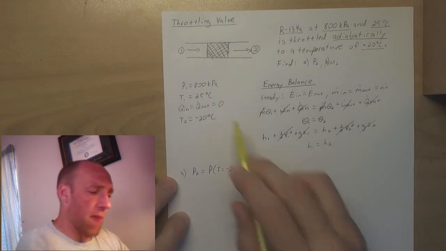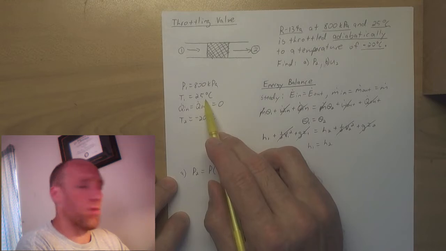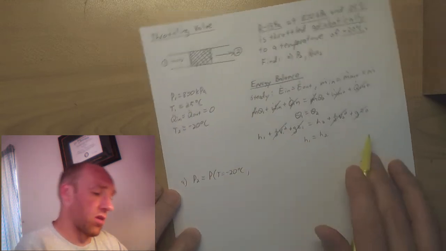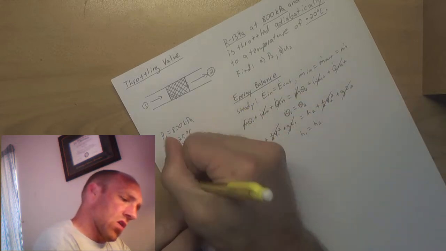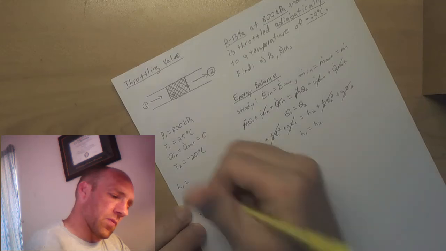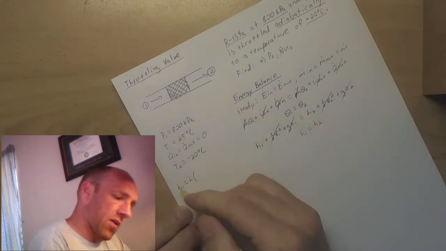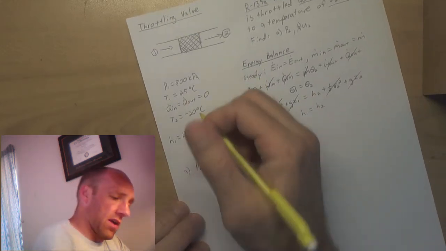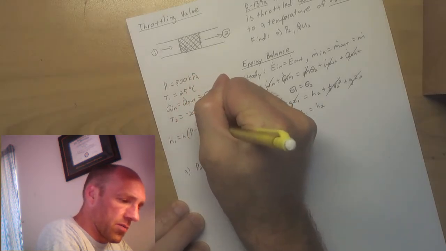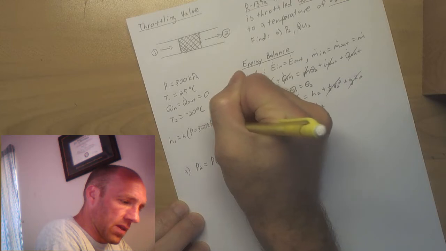I don't yet know that, but I do have two intrinsic properties that I could use to calculate the enthalpy at state 1. So the enthalpy at state 1 is the enthalpy as a function of pressure and temperature.